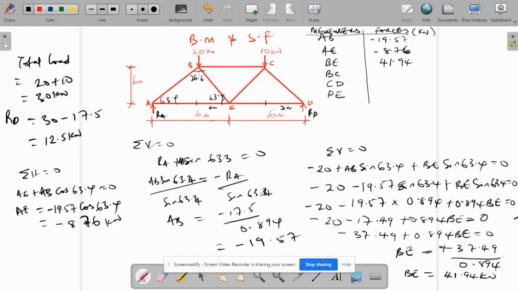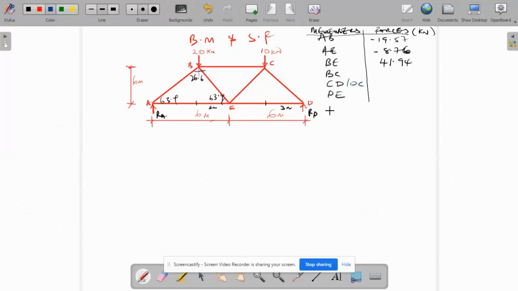Then we're looking for BC, DC or CD, and DE. So for us to do that, we move to the next joint. Let's clean this. We consider joint D. We start from joint D because we've been able to evaluate the forces at joint A and B. So after finding D, we get joint C, and then finally we get joint E.